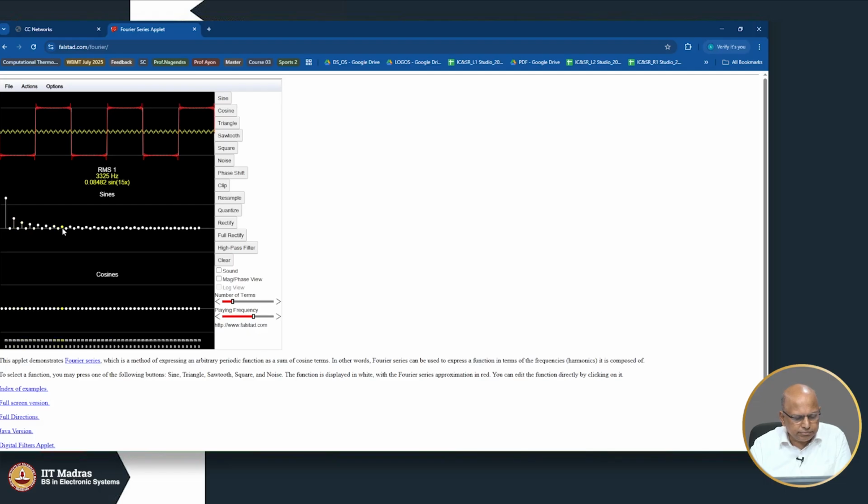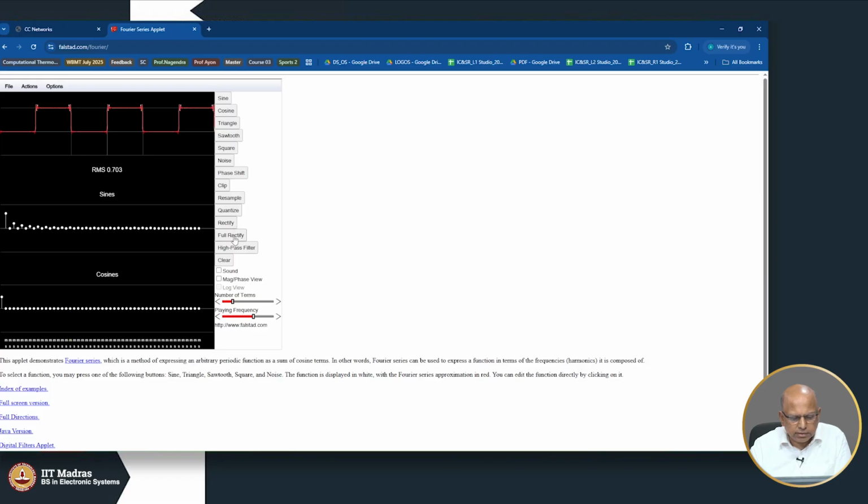If you add some arbitrary ones like this, it distorts the waveform. It is no more a square waveform. I hope this explained.